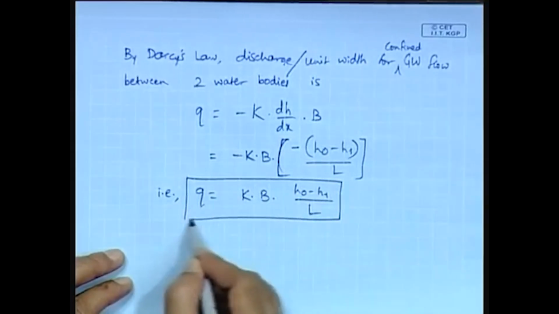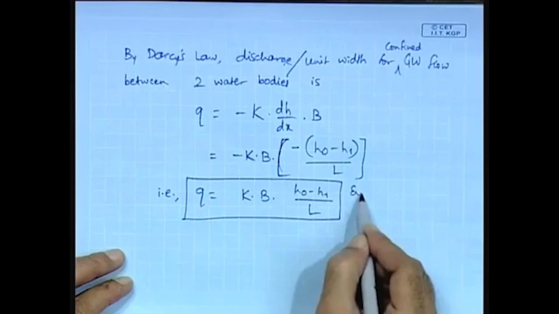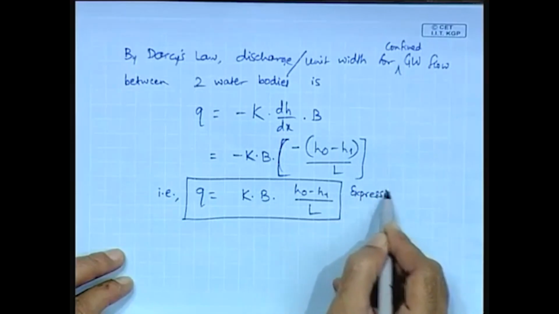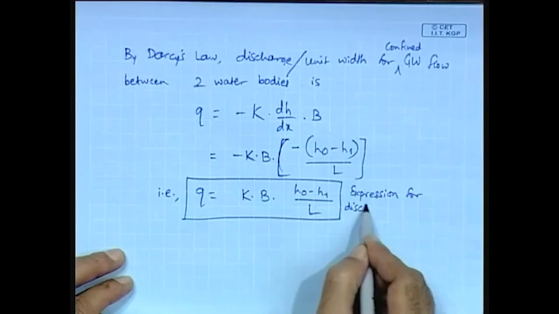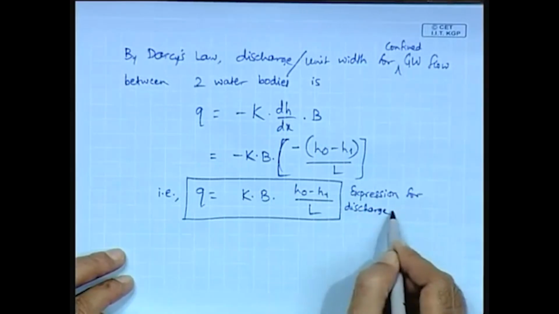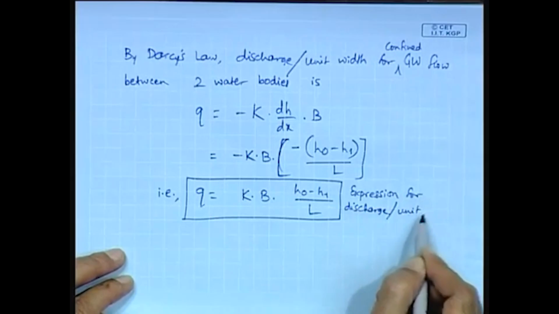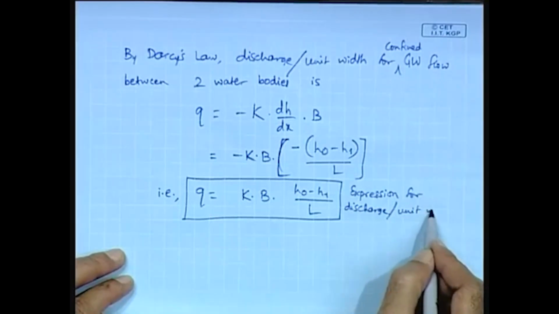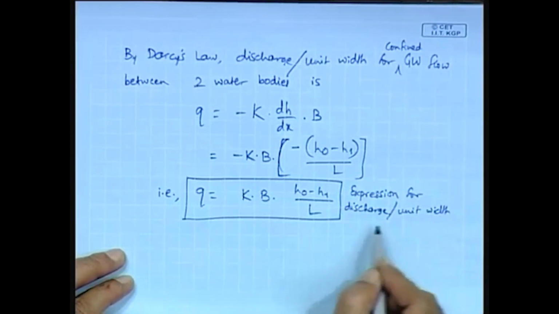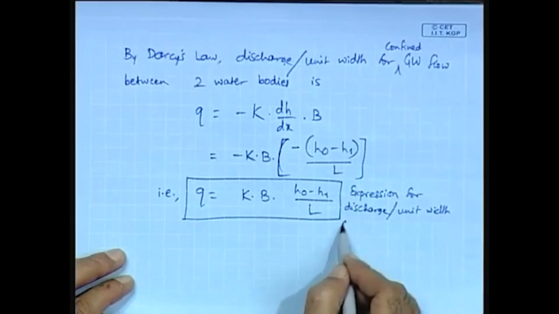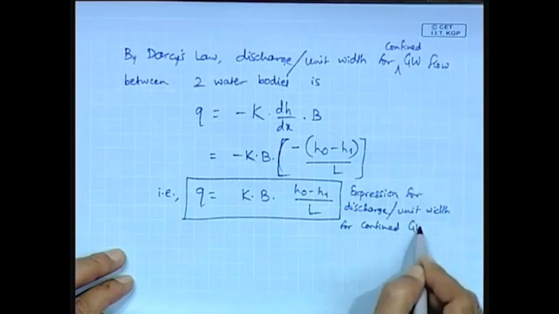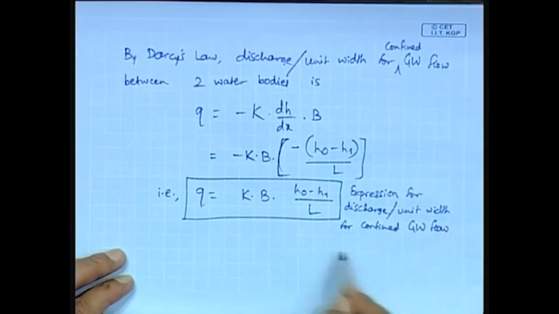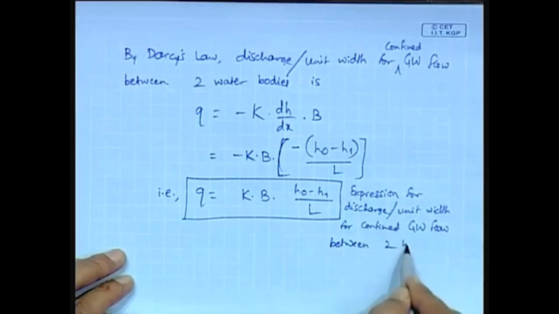So, this is the expression for discharge per unit width for confined groundwater flow between two water bodies.